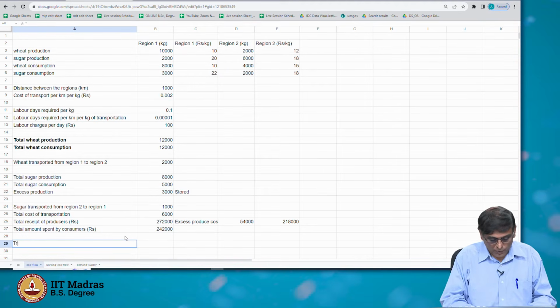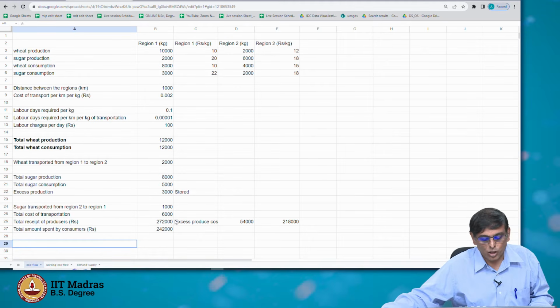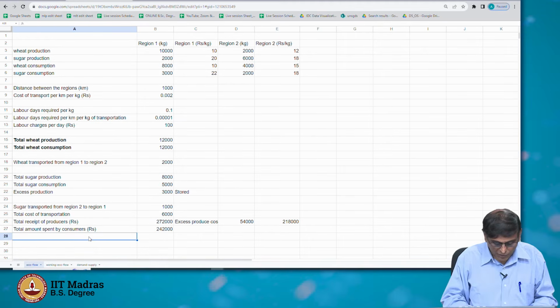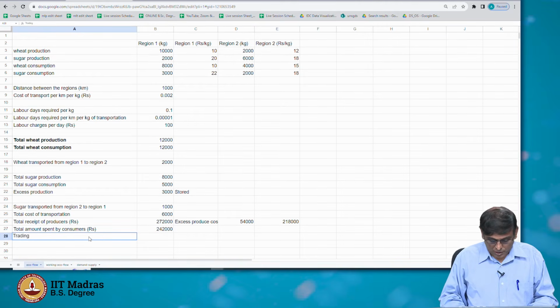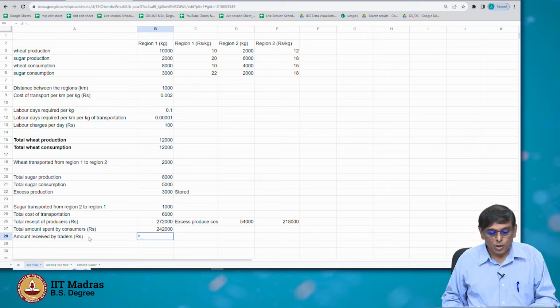So, there are two things that we have already calculated. One is transportation cost, which I have written, the cost of transportation I have already calculated. There is one thing we have not yet calculated, which is trading costs or whatever, amount received by traders, people who do trading, right. How much did they get? So, the answer is the amount spent by consumers is 2,42,000.